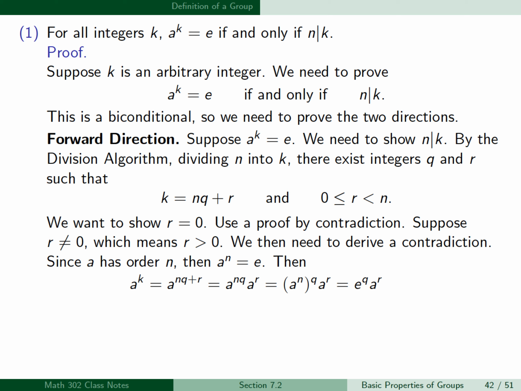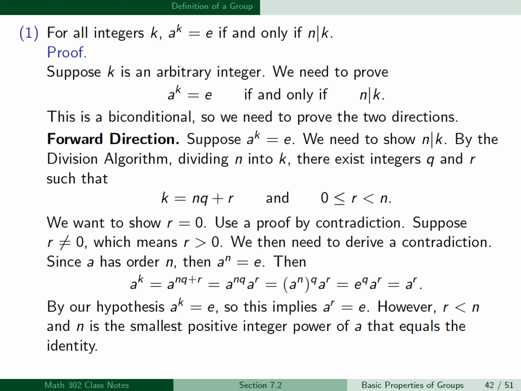And this will be E raised to the q power times A to the r, since A to the n is equal to E, and the identity raised to any power will just be the identity, so this will be A to the r. Now by our hypothesis, we're supposing that A to the k is equal to E. So A to the k is equal to A to the r, and A to the k is equal to E, so this implies that A to the r is equal to E.